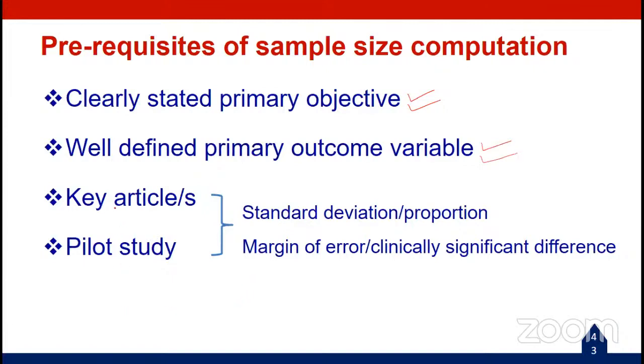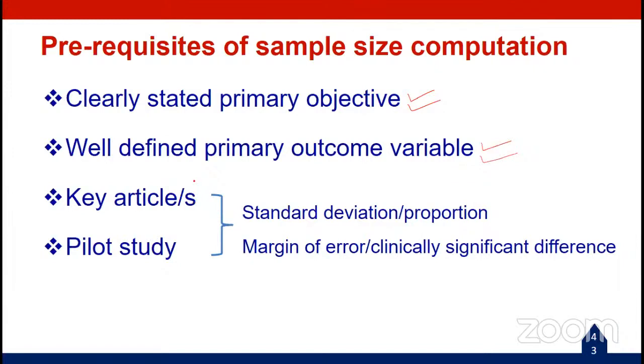And you need to identify your parent article. Okay. Parent article means an already published similar article, a study which is similar to your study, which is already published, is called parent article or key article.